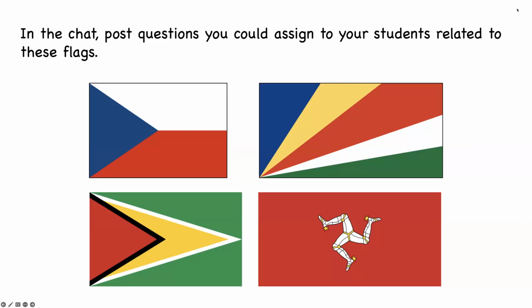Anything coming in here? Yeah, what percent is each color in the flag? Beautiful. Mike, Ken, if you read them out, that would be great. I said, what are some of the vocabulary terms that come to mind with each of these flags? Just trying to get students to identify vocabulary that they know, and then try to make that relate to some of these flags.